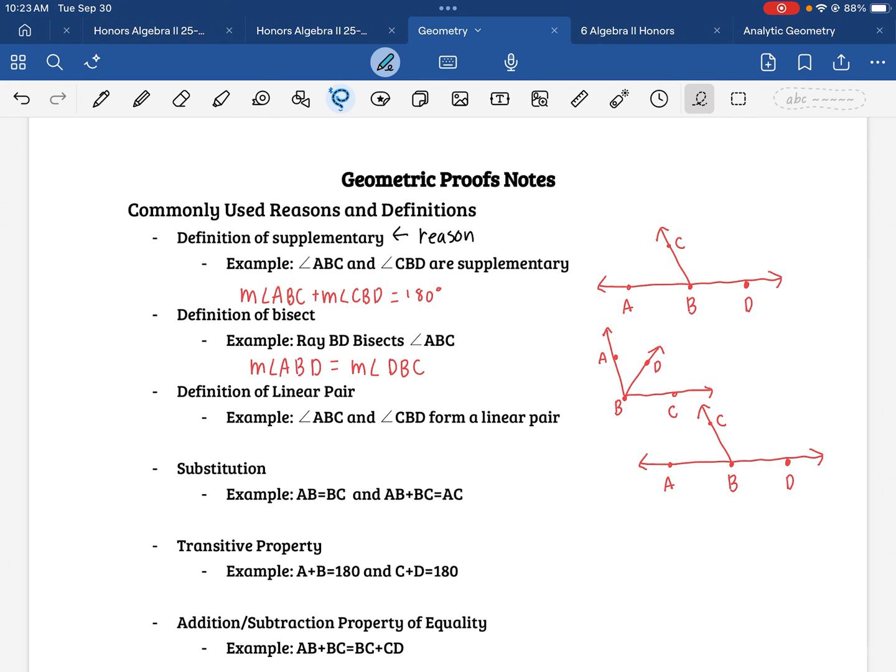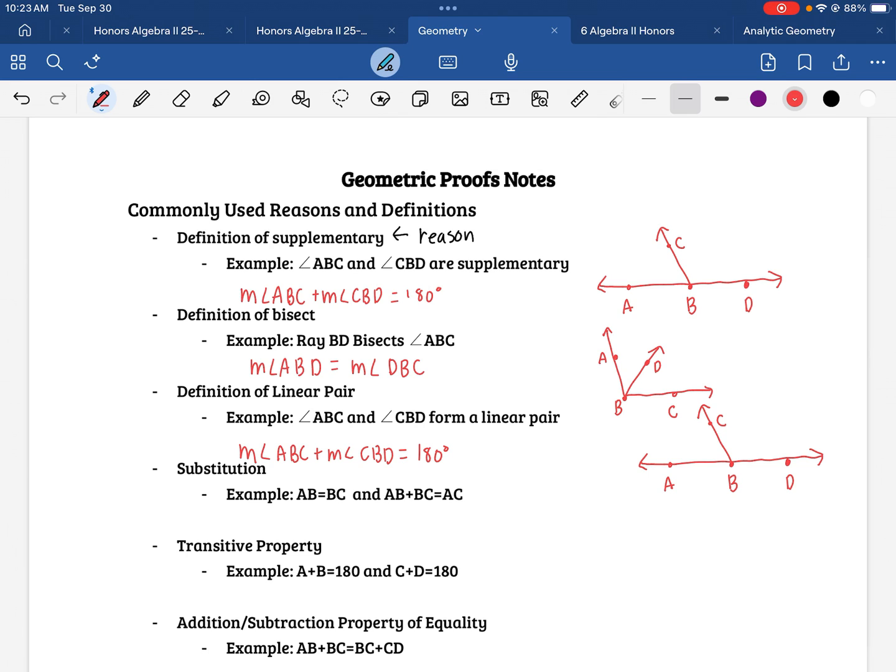Since these two form a linear pair, the measure of angle ABC plus the measure of angle CBD is going to equal 180 degrees, because the angle measure of a linear pair is 180 degrees.